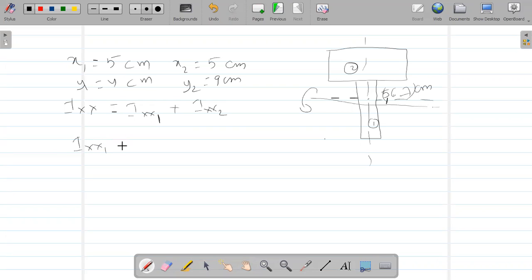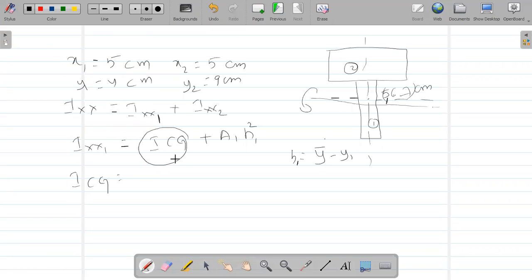Therefore Ixx1 is equal to ICG plus A1 into H1 square, where H1 is equal to y bar minus y1. So you have to first calculate the ICG, because if you want to find Ixx1, you first need ICG.